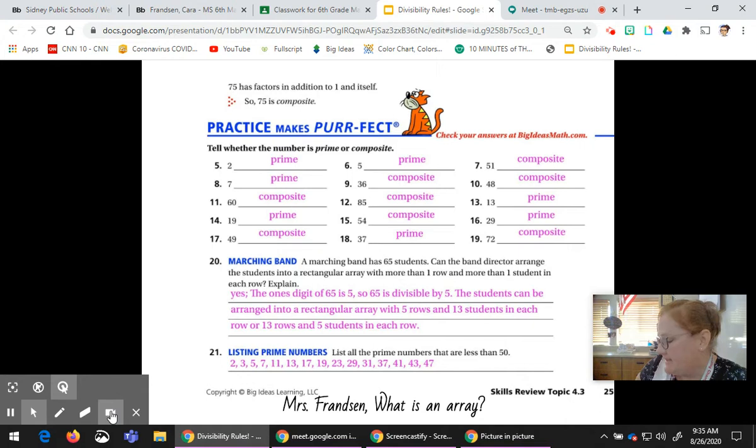Below that, it says practice makes perfect. I would like you to do your very best to answer those questions today, and tomorrow, remember, I don't want you to stay up till 3 to try to do this homework. Do your very best. If you have questions, feel free to reach out to your teacher. But I really want you to try to do what I call productive struggle.